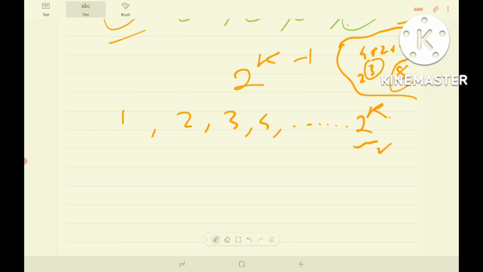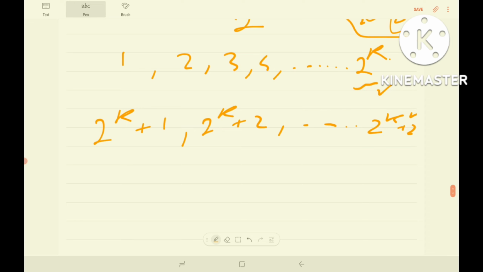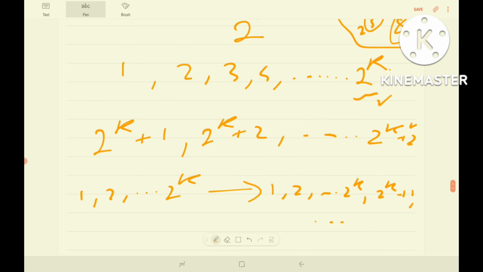Now every k plus 1th point is connected to the k plus 2nd point. So basically, you will get more kinds of jumps which go like 2^k plus 1, 2^k plus 2, dot dot dot, 2^k plus 2^k, which has extended our set from 1 to 2^k to 1 to 2^k, 2^k plus 1, and so on up to 2^(k+1).